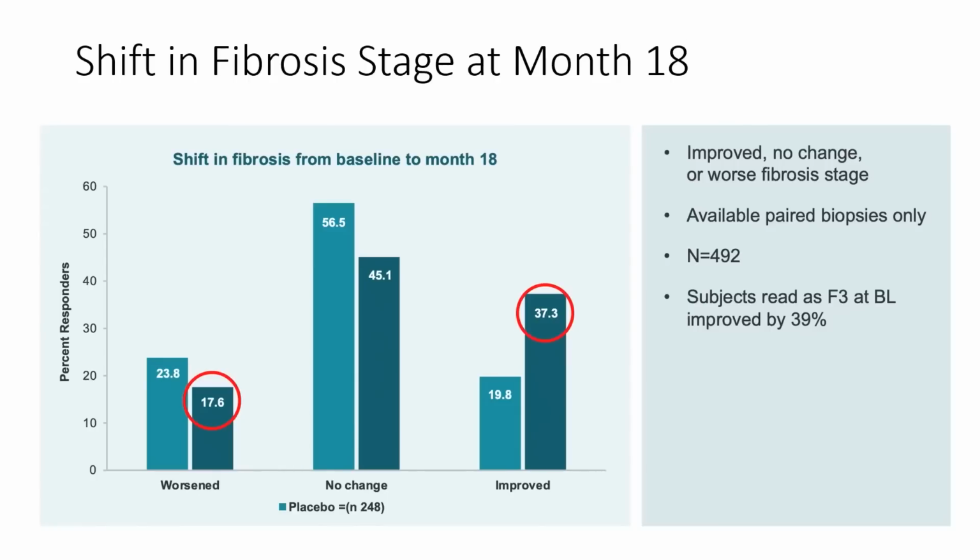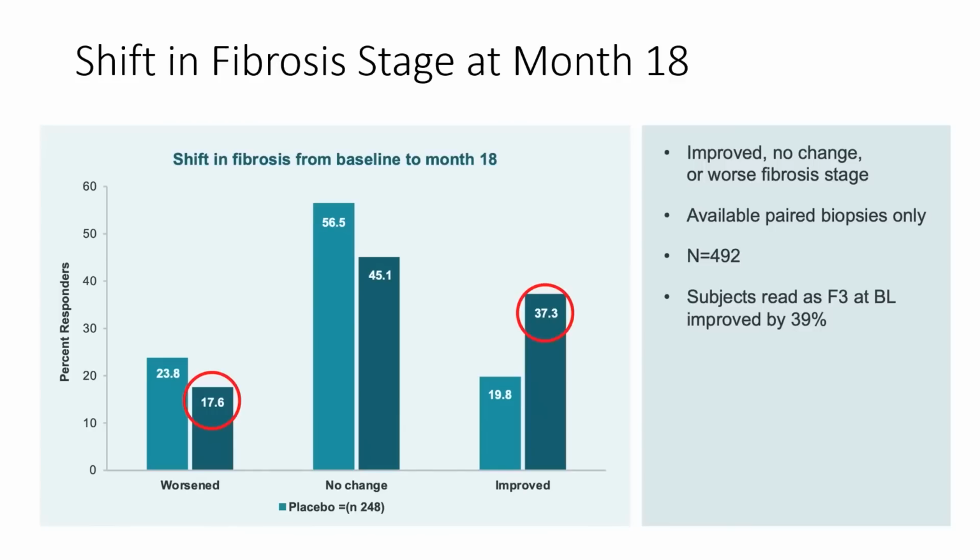And here they did this analysis where they looked at shift in fibrosis stage, and they focused on patients with F3 fibrosis. And they showed, number one is that with the high dose, there was 37% improvement by one stage of fibrosis compared to placebo. But they also looked at the percentage of patients that worsened, and they showed that with obeticholic acid, actually, there was a lower percent of patients that got worse at the end of treatment.